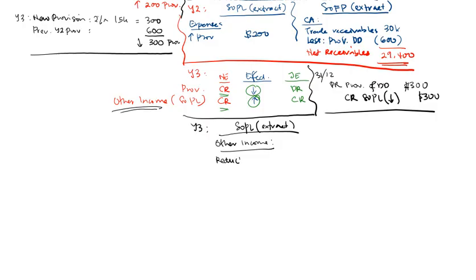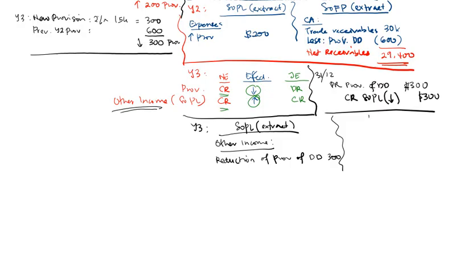Reduction of provision of doubtful debts, the difference of 300. That's how you show it in the statement of profit and loss.